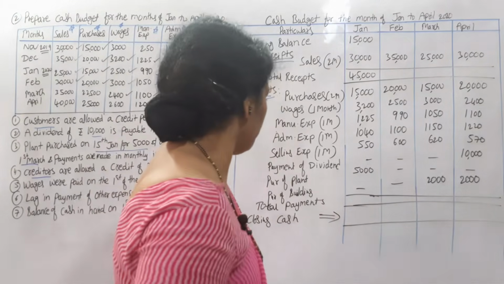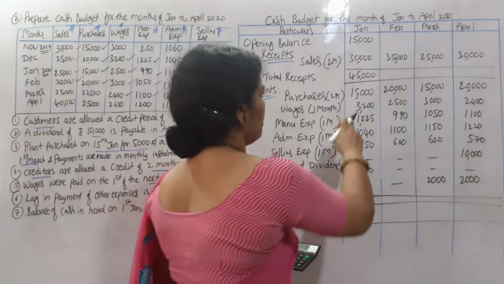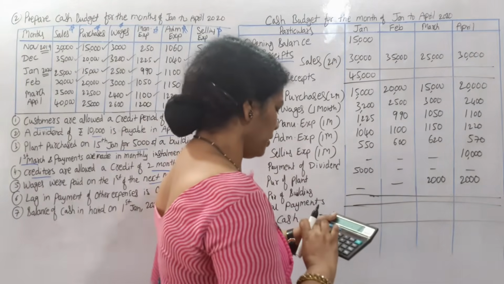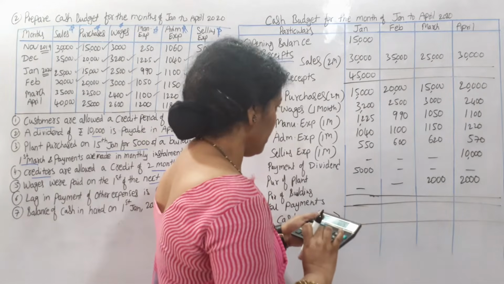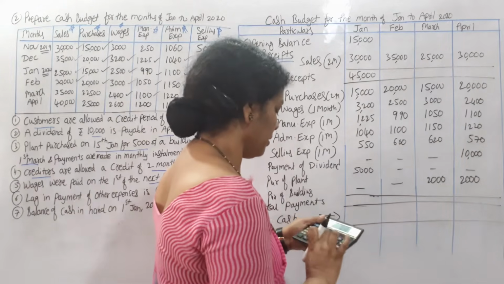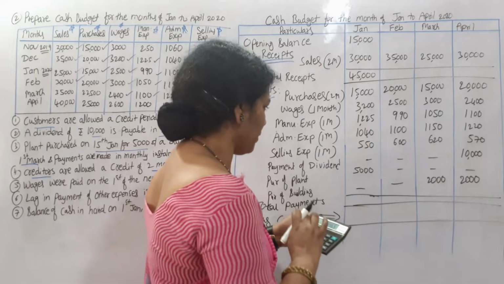Total payments we have to total it. 15,000 plus 3,200, 18,200. 18,200 plus 1225 plus 1,040 plus 550 means 5,550.